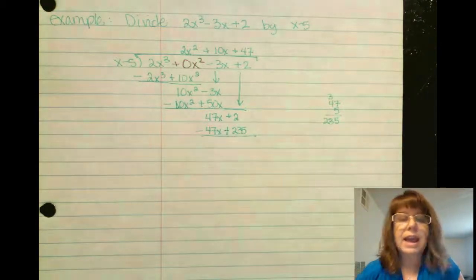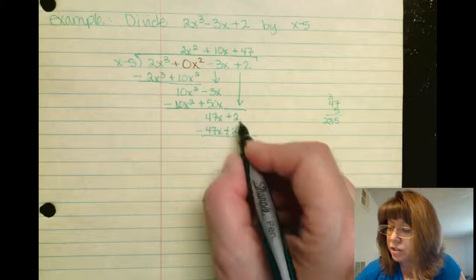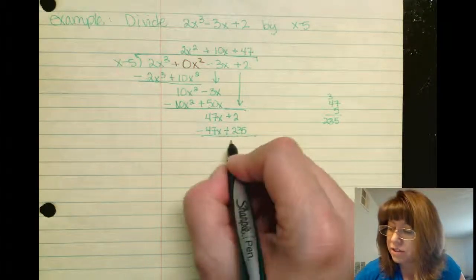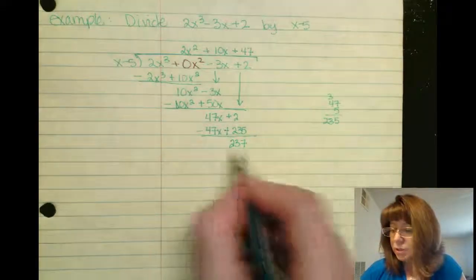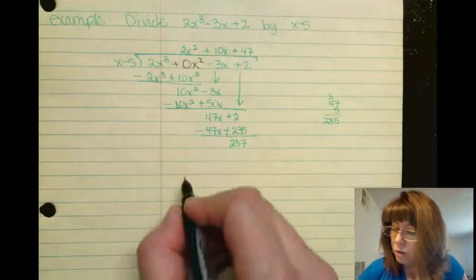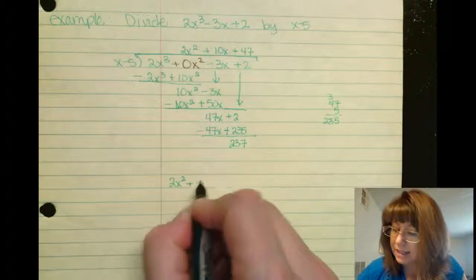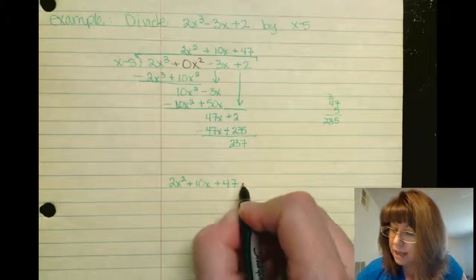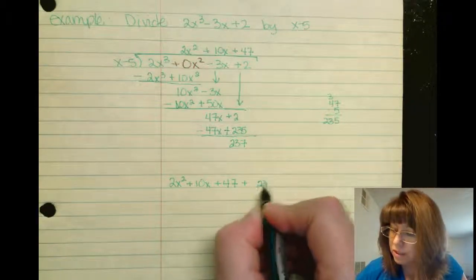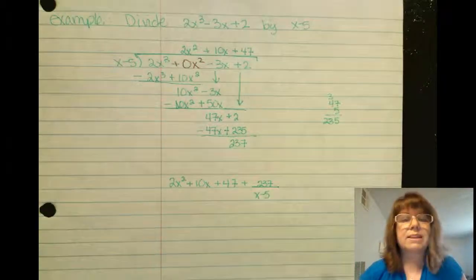Subtract, add, change the signs. Now I'm left with 2 plus 235 is 237. So don't forget that is your remainder. So your final quotient is 2x squared plus 10x plus 47 plus 237 all over x minus 5.